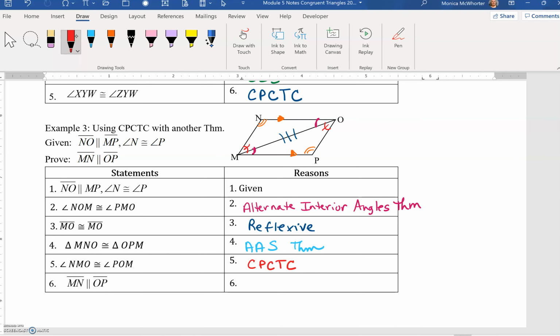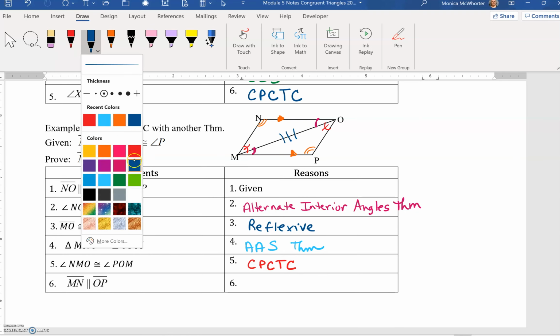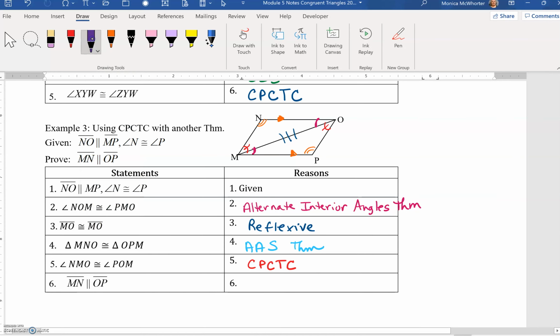But then this is taking us to yet another step, and that step is to show that segment MN is parallel to segment OP. And if we go back to module 3, the second part, we know that that would have to be the case by the alternate interior angles converse.